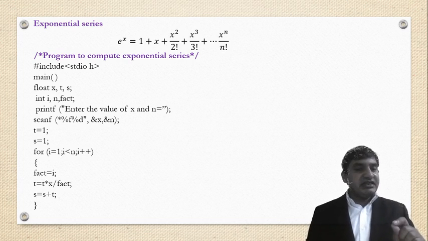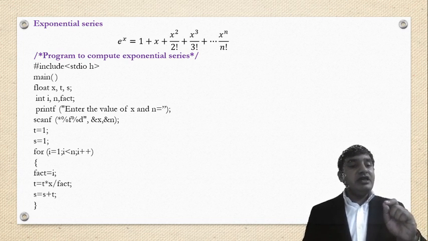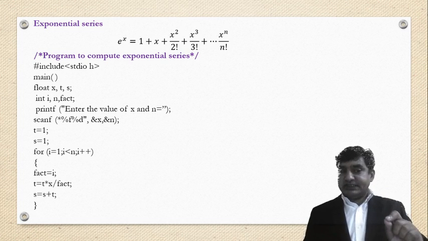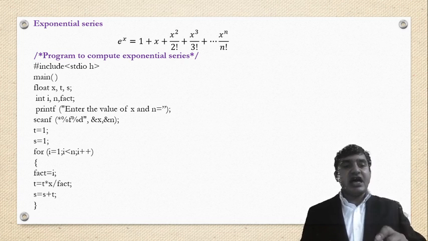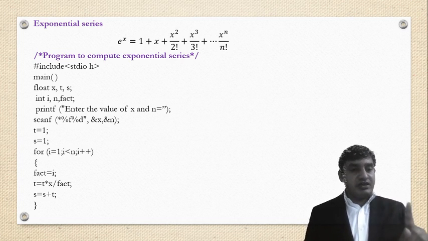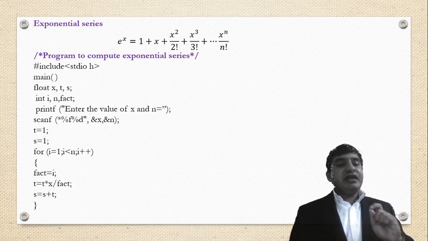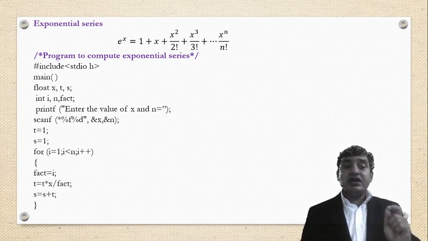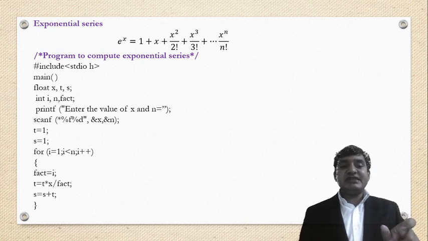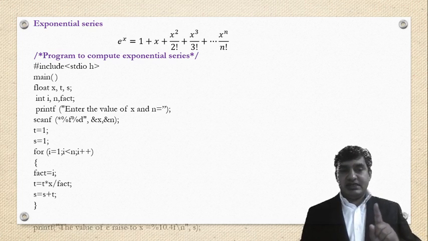So this indicates that 1 into x divided by fact, that is i, but the value of i is 1. Now s is equal to s plus t. Now this term is calculated up to i less than n.